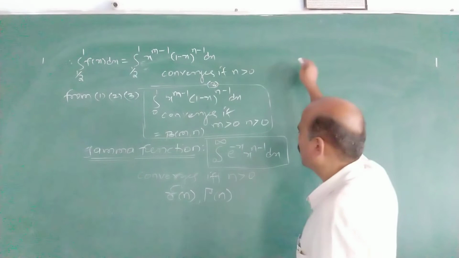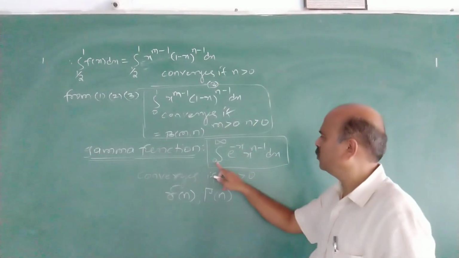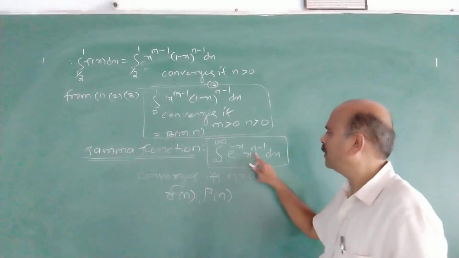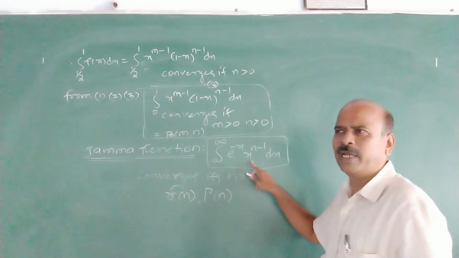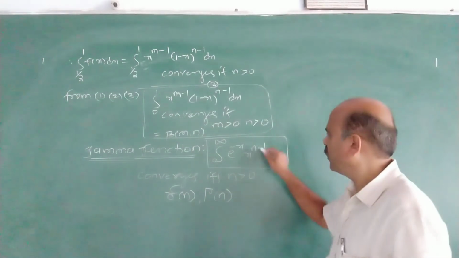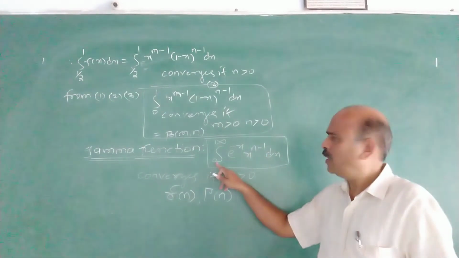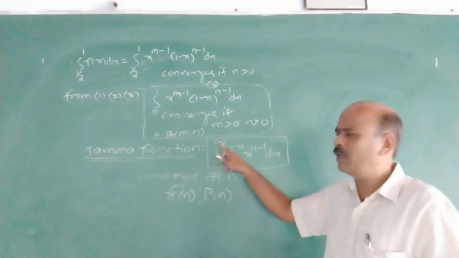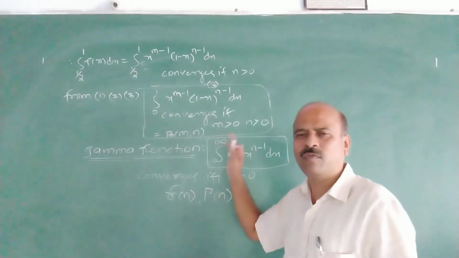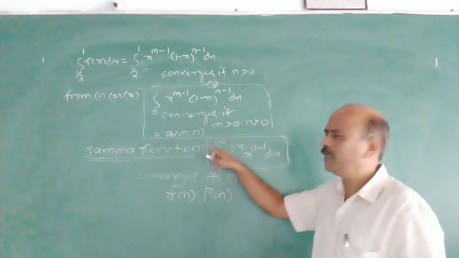Now, convergence: here 0 is a point of discontinuity when n minus 1 is less than 0, that is, n less than 1. If n is greater than or equal to 1, 0 is not a point of discontinuity. And at infinity, the upper limit is infinite. Therefore, it is an improper integral of the first kind, so we have to discuss the convergence at 0 as well as at infinity.